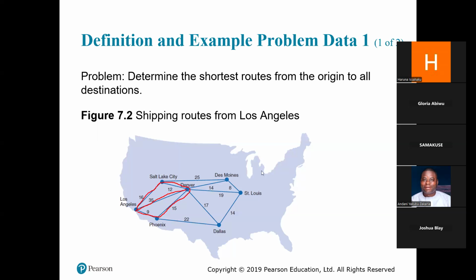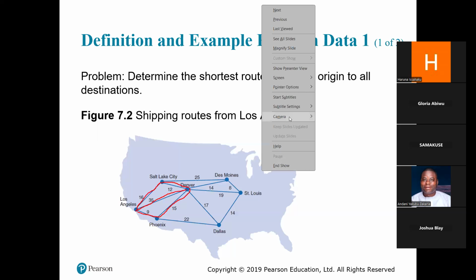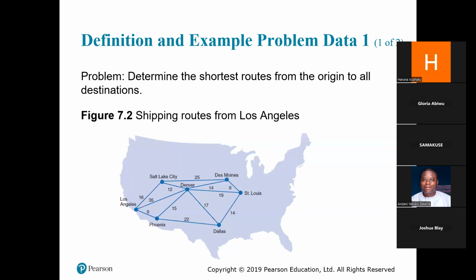Now, you see that there are numbers shown on each branch. From Los Angeles to Salt Lake City, we have 16. From Los Angeles to Phoenix, we have 9. And from Phoenix to Dallas, we have 22, and so on.